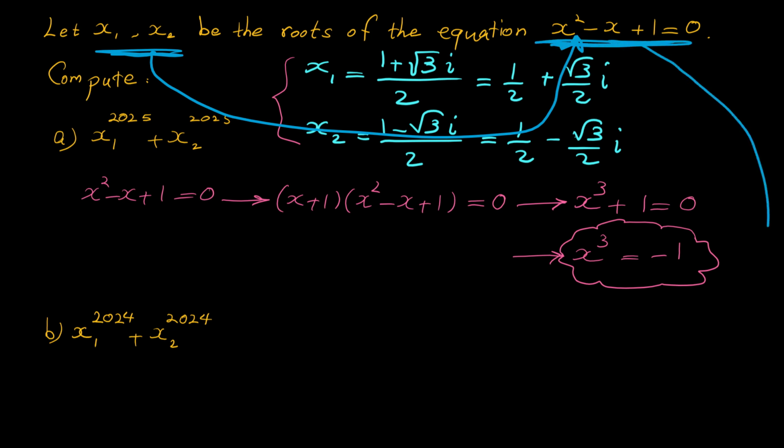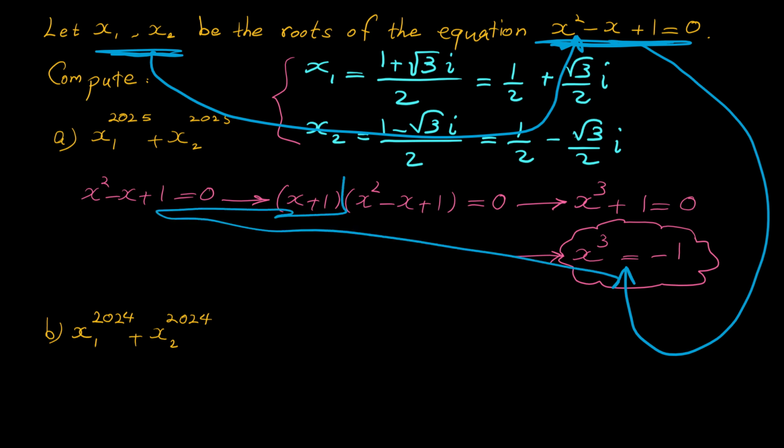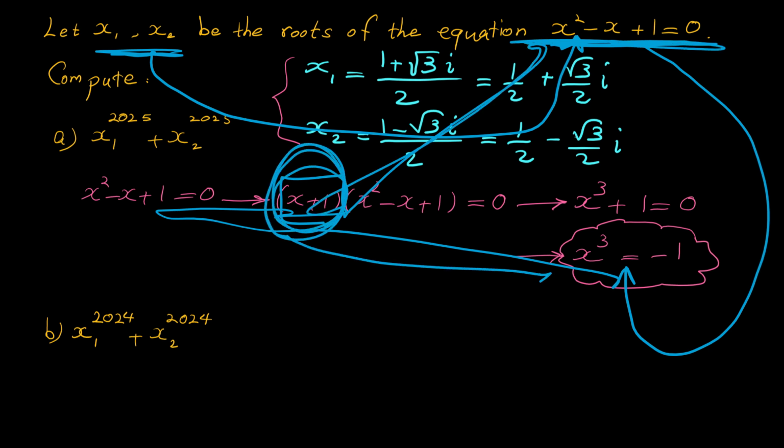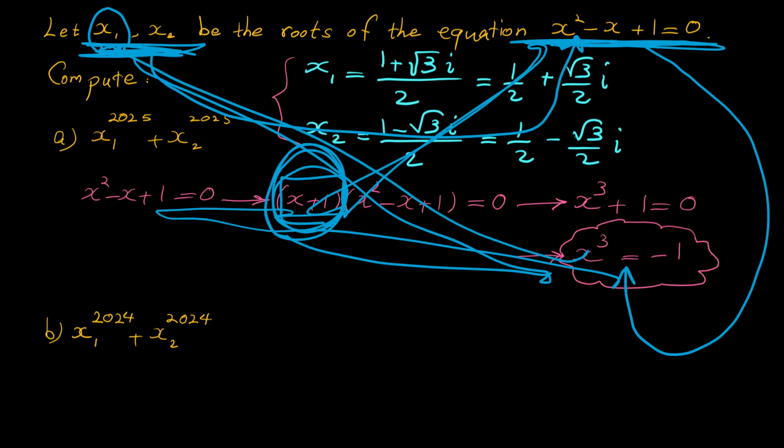From this equation we got to this equation just by multiplying by x plus 1. And attention, we know that x, the solution of this equation, is not -1, is not the solution of this part. The x1 and x2 are not -1, but they are numbers that when we raise them to the power of 3, they equal -1.